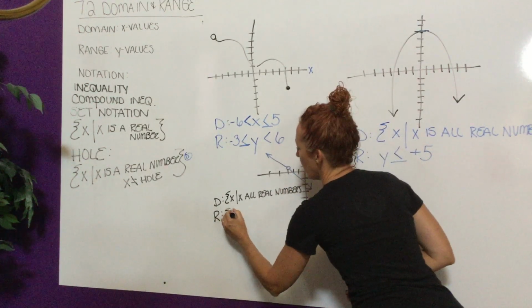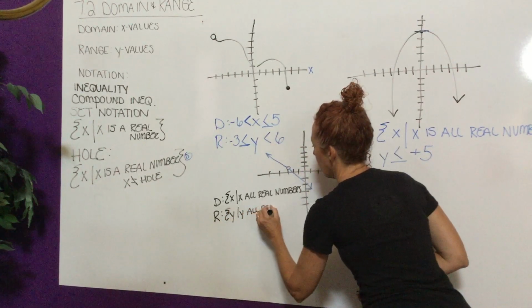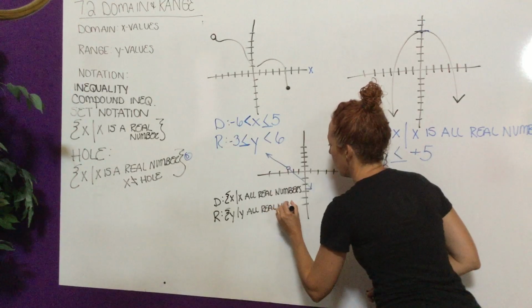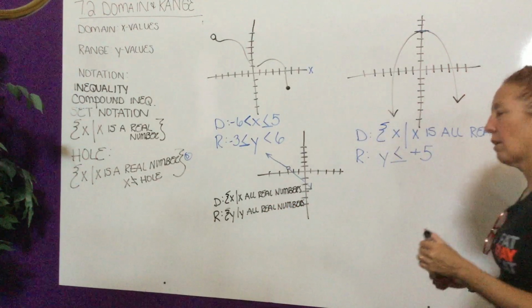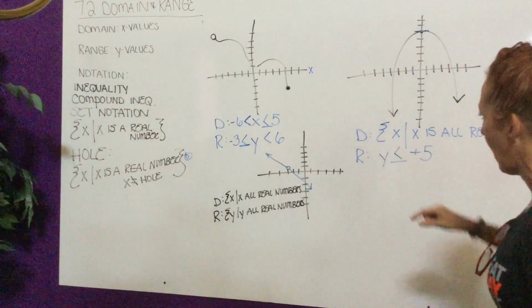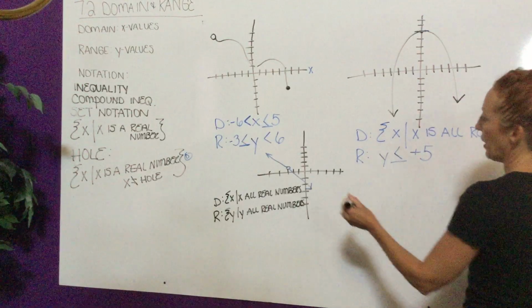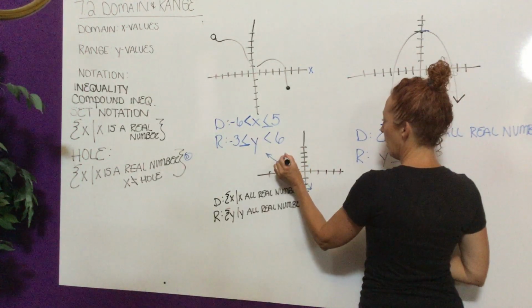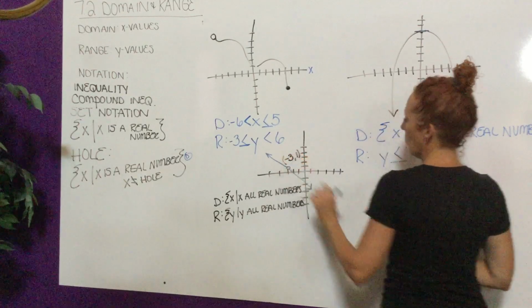And y such that y is all real numbers. And then there is one exception to that, and that's right there where that hole is. So you have to identify where that is. That one spot is -3, 1.